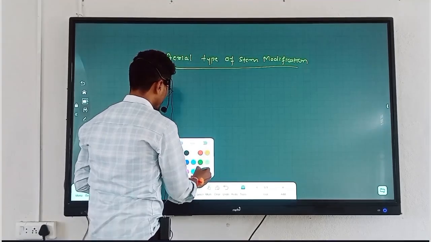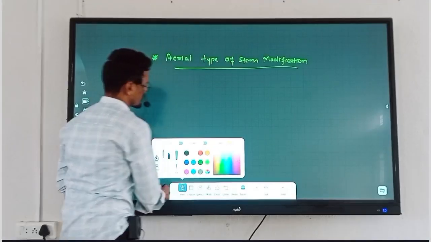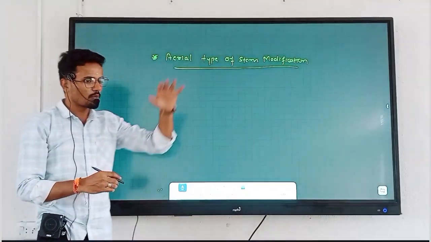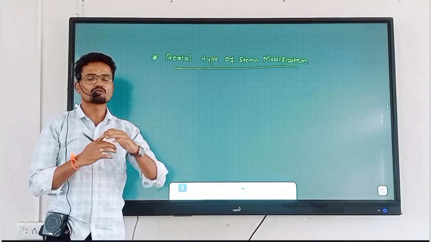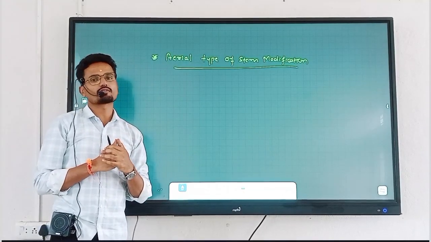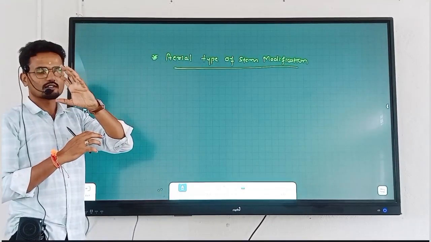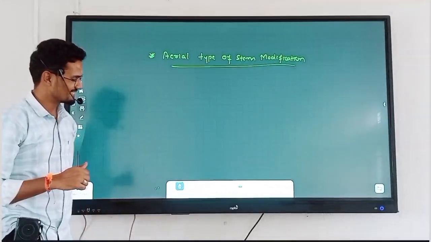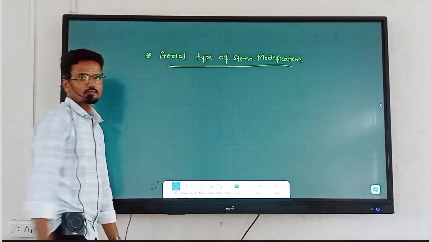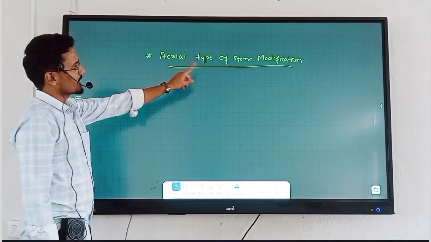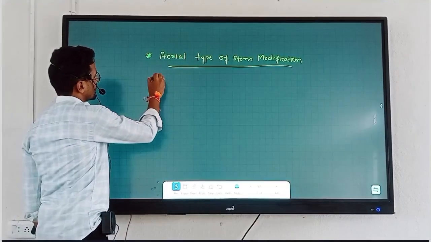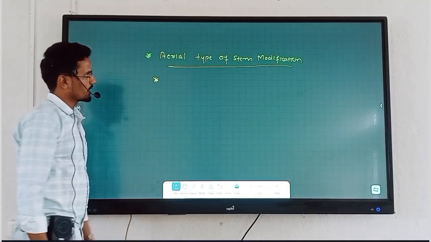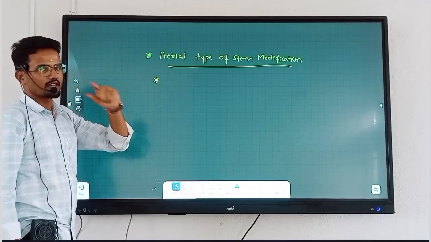In this type of stem modification, the aerial part of the stem is used to grow above the soil surface. They have three types of aerial modification in our NCERT.